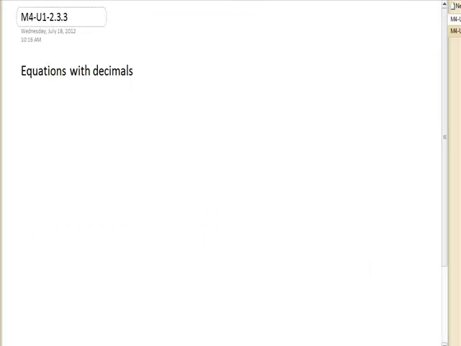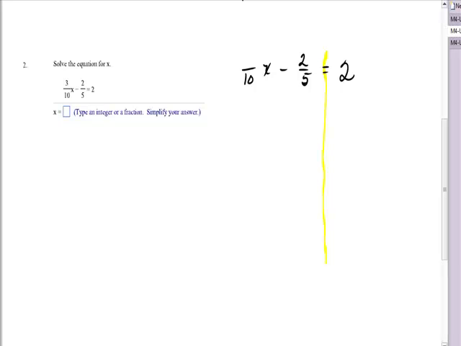I'm so sorry about that, I lost my place for a moment. All right, I've got a denominator of 10 and a denominator of 5. The least common denominator is what they will both go into, which is 10.